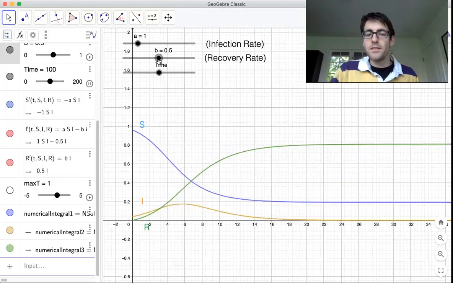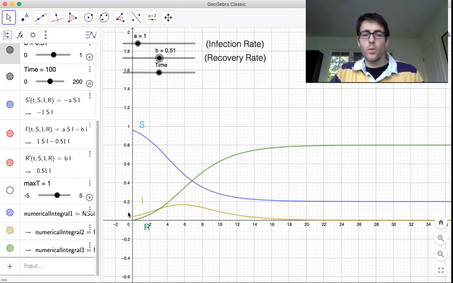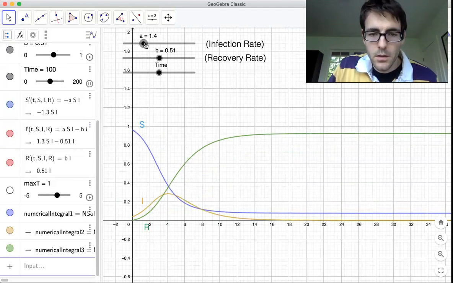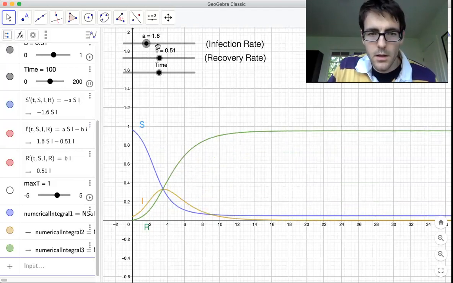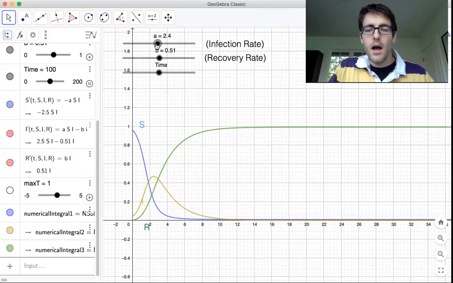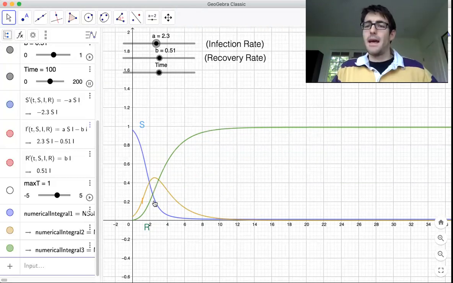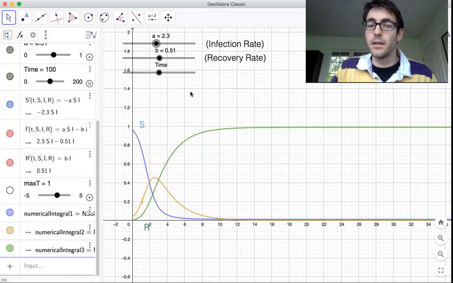Okay, back with this example, we were in the situation where the total number of people who are susceptible eventually drops down to 0. This S curve eventually gets to 0, meaning that everybody at some point gets this illness.